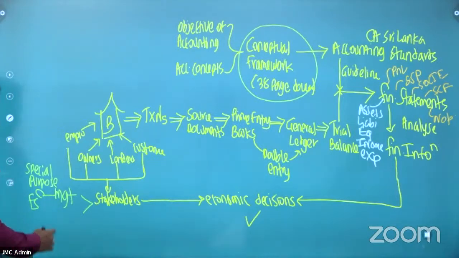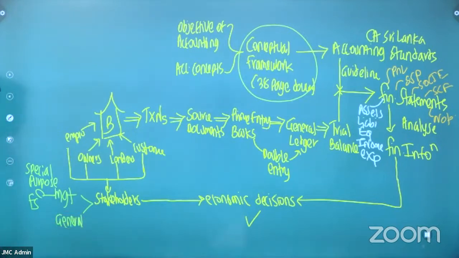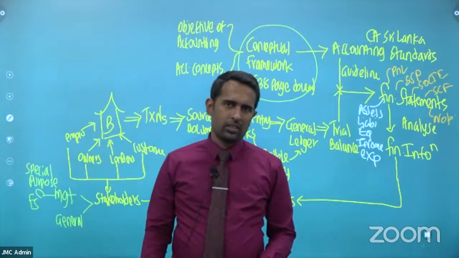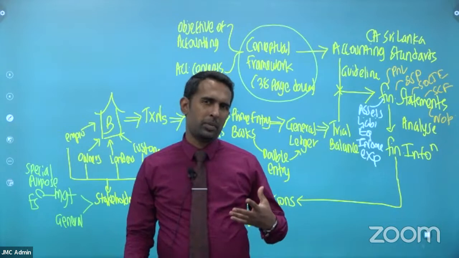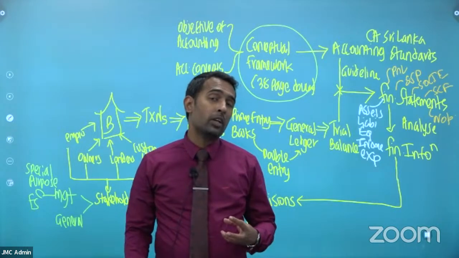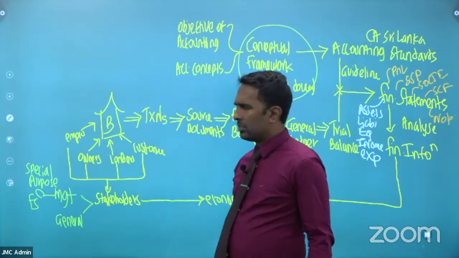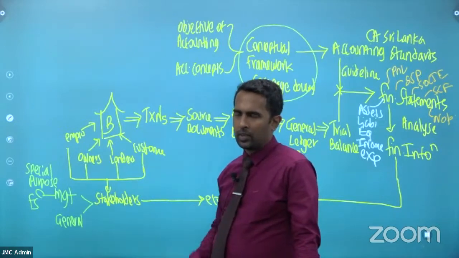But the other general stakeholders, maybe the owners, maybe the lenders, maybe the customers, maybe the suppliers, maybe the government, don't have a specific power. Now, some of you might think, sir, why don't we take the owner also into the special power? Not always.